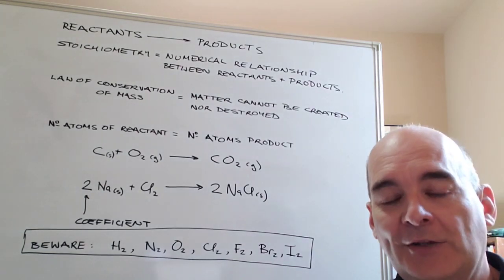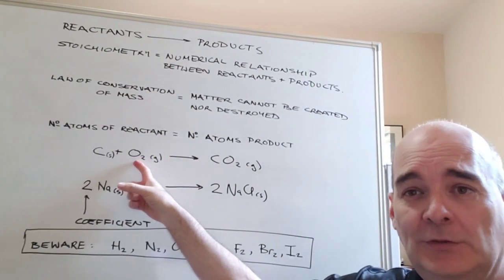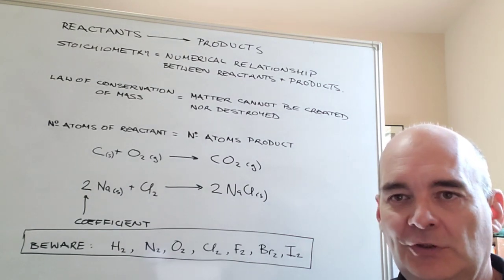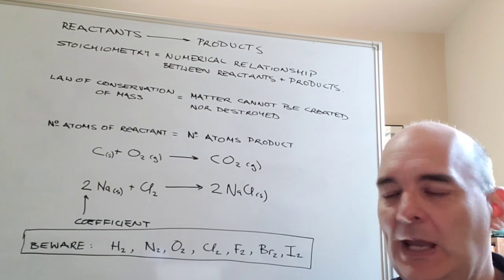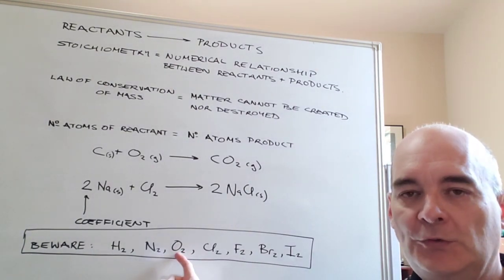One of the types of reactions that we're going to see a lot of is a combustion, that is a combination with oxygen. And so every time we do a combustion calculation, we have to take into account that oxygen is provided to us by nature as O2.